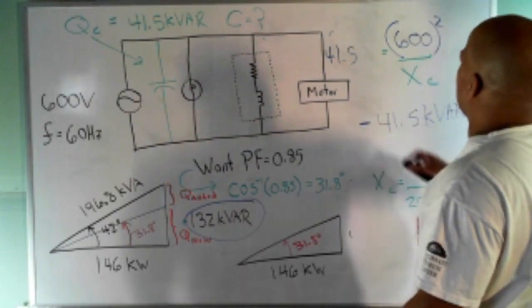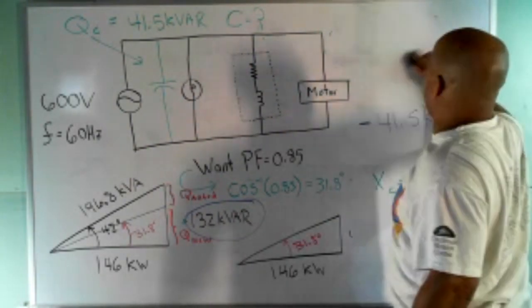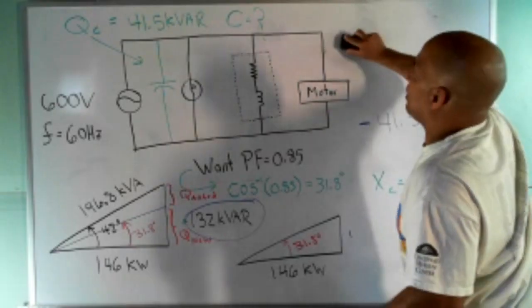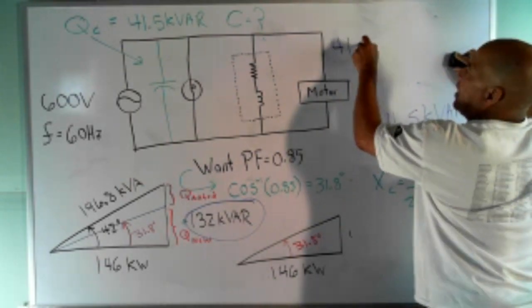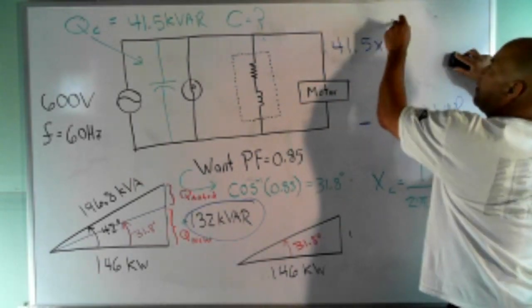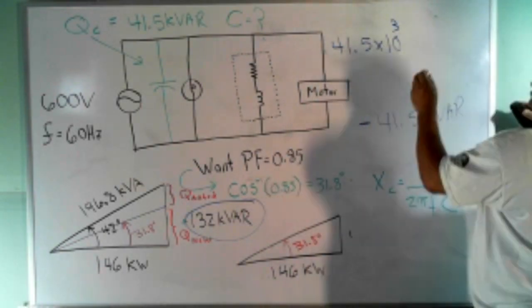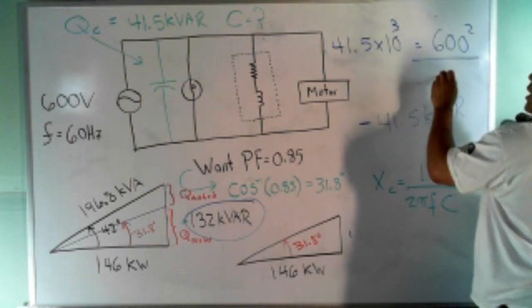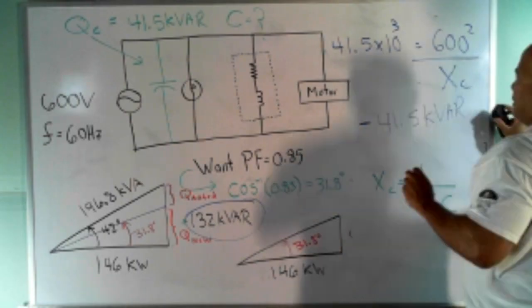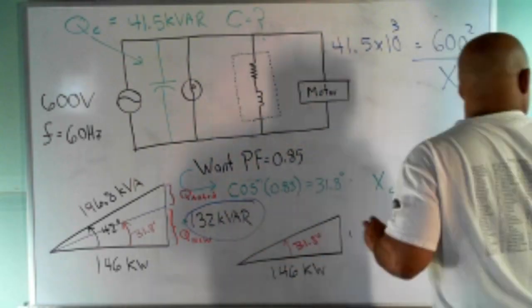You guys are probably smarter than me, but I'm going to write this out as 41.5 times 10 to the third, equals 600 squared over my unknown here, XC.